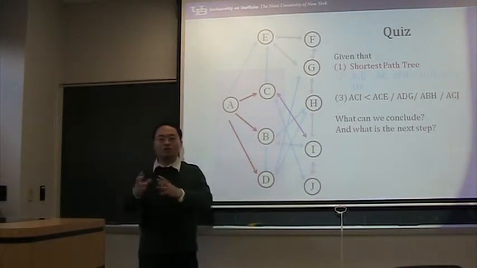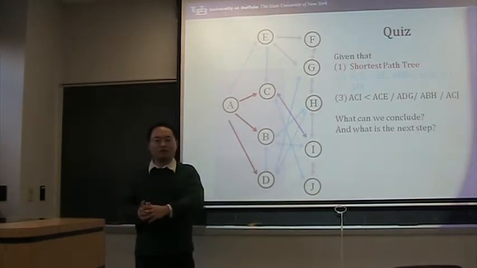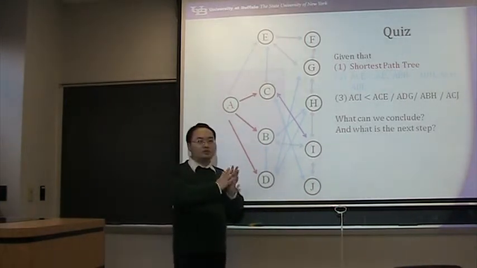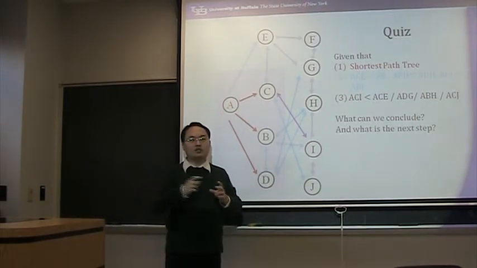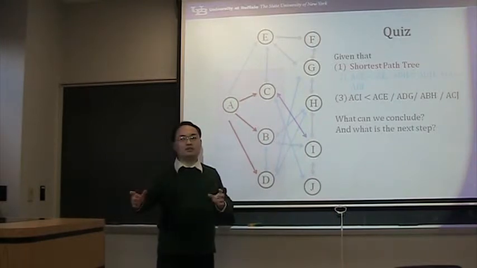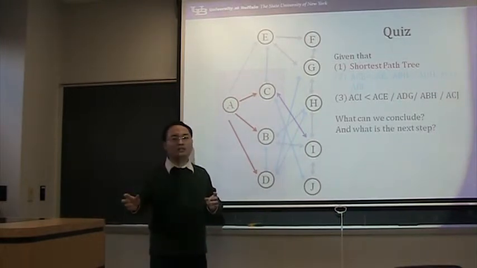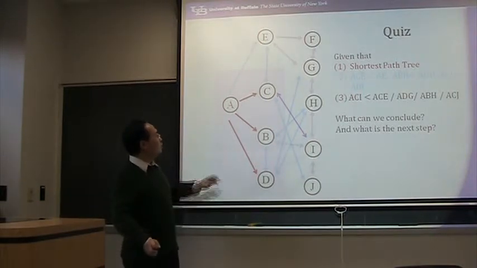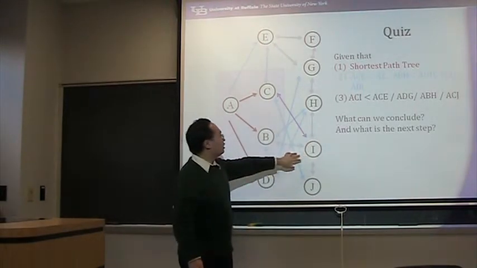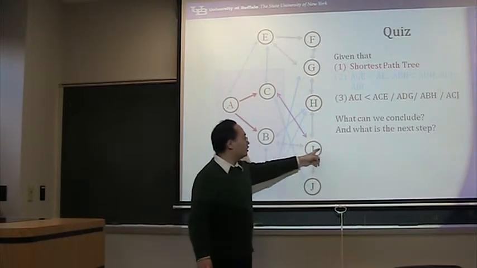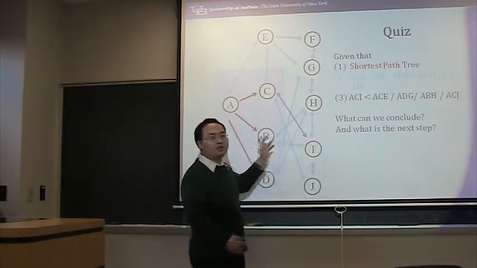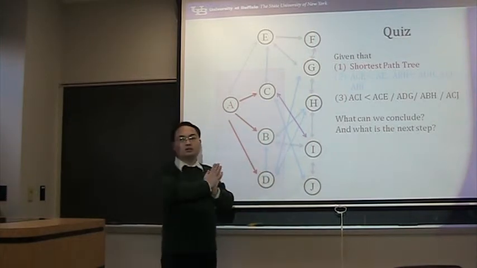For example, we want to explore from A to B. Then we start from A, and we explore the shortest path one by one until I find the path directly from A to B. Okay, so in this case, we can conclude that ACI is the shortest path, and then we put I into the set of shortest path nodes.